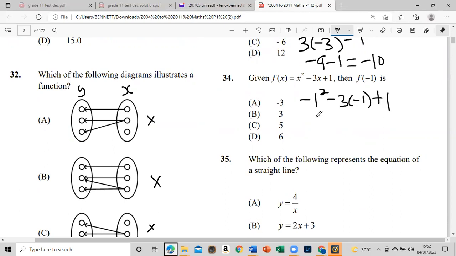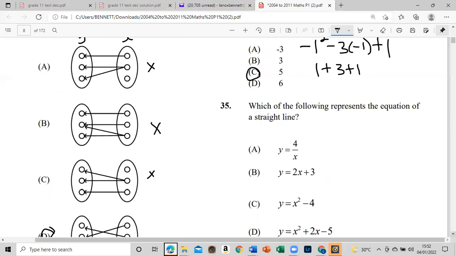So negative 1 squared will give us positive 1. Negative times a negative will give us positive 3. And then we have plus 1. This is a plus right here. So that gives us 5. Awesome question. If you don't know the signs, it's going to mess you up. Guys, you have to know it.